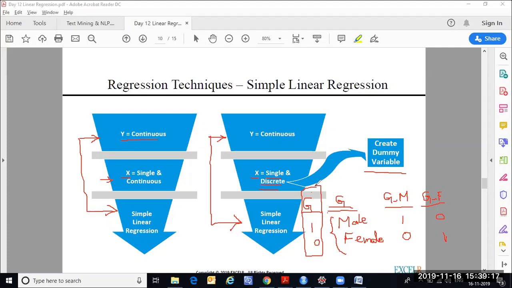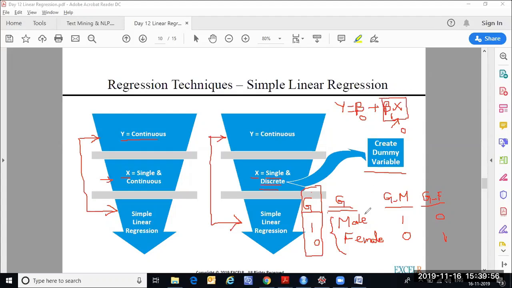Yeah, exactly. So what is the linear regression equation? Y is equal to beta naught plus beta 1 x. So I'm going to replace this x value with 1 for a male record, with 0 for a female record. If I replace this x value with 0 for a female record, this entire term would become 0.